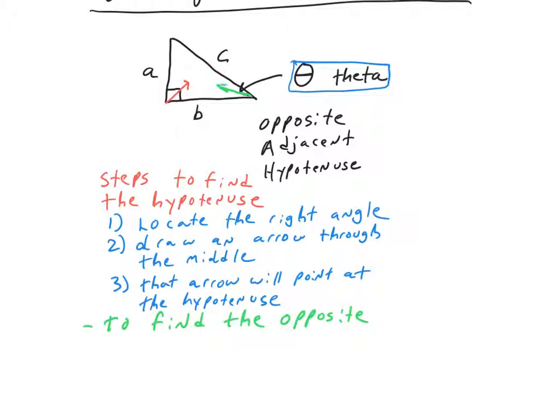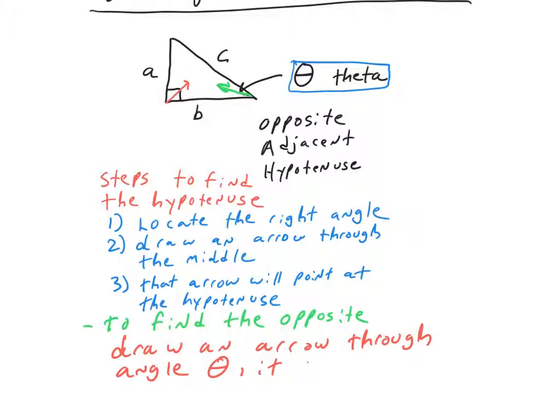Draw an arrow through angle theta, and it points at the opposite.